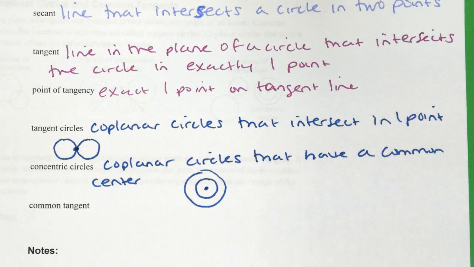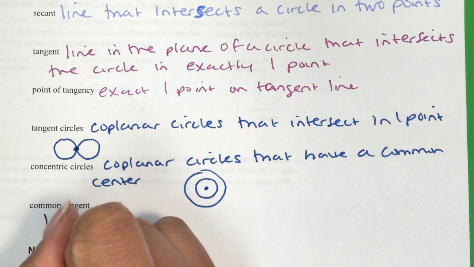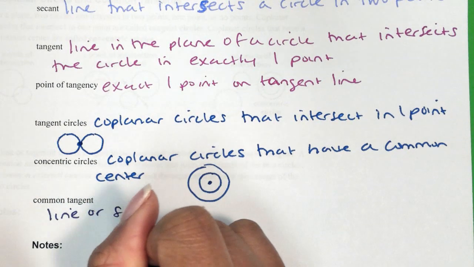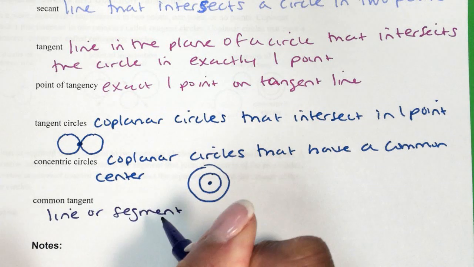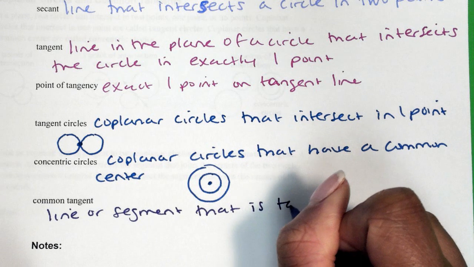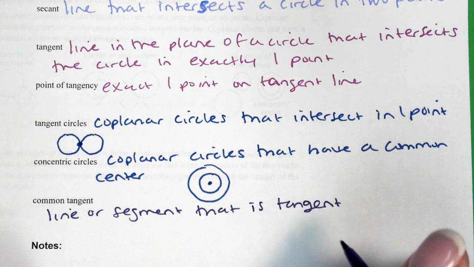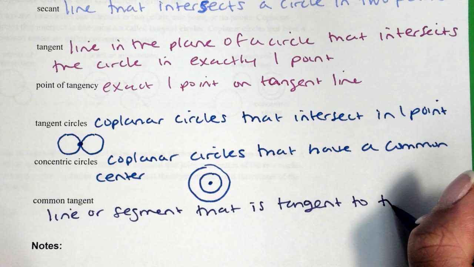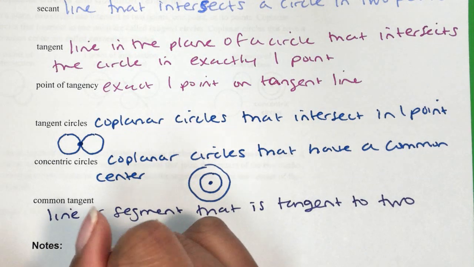Now, a common tangent is a line or segment that is tangent to two coplanar circles.